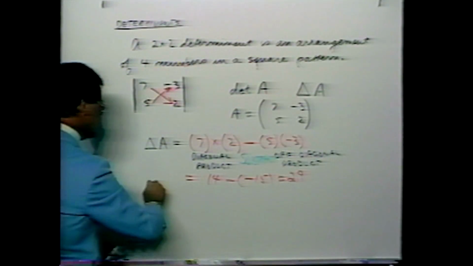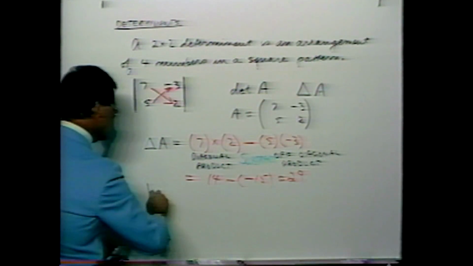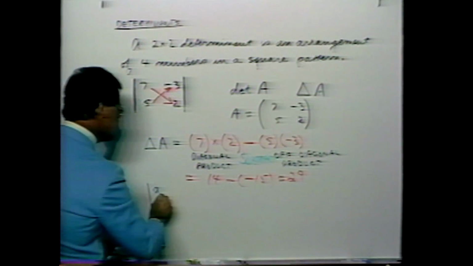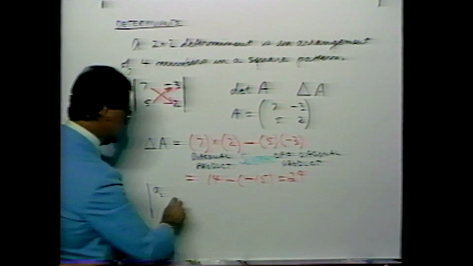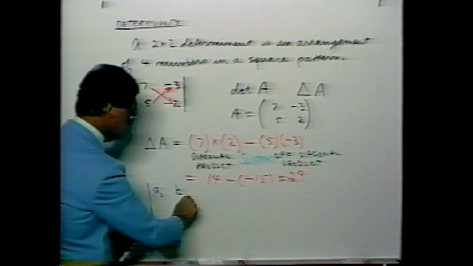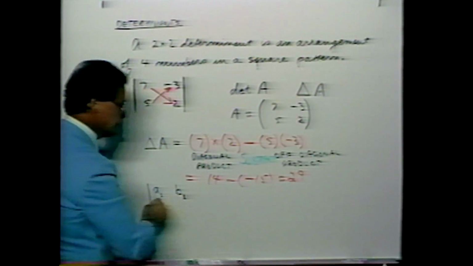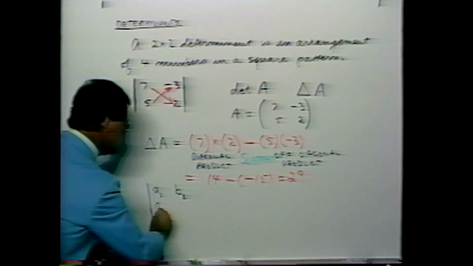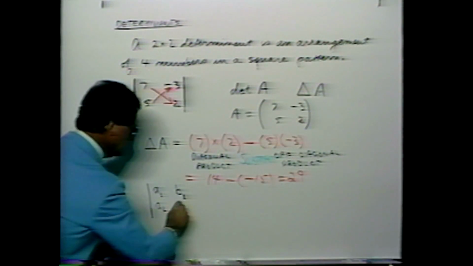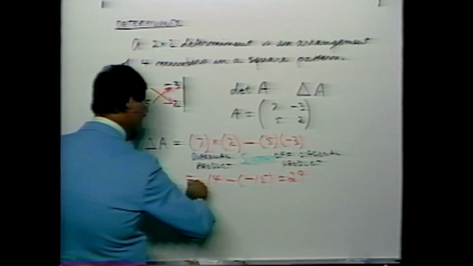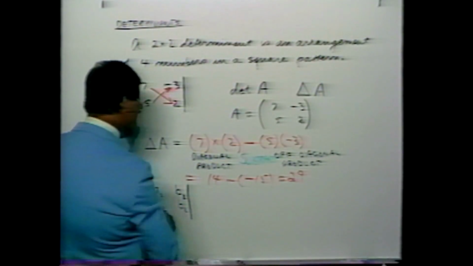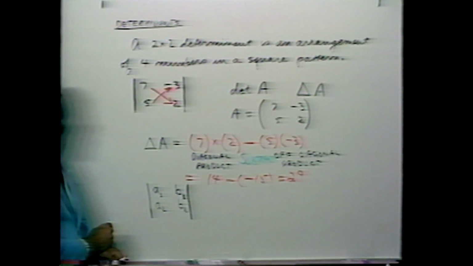In other words, if I take a number, call it A subscript 1, followed by B, and A subscript 2 down here, followed by B subscript 2 there. If I put vertical lines around them like that, there is a determinant.